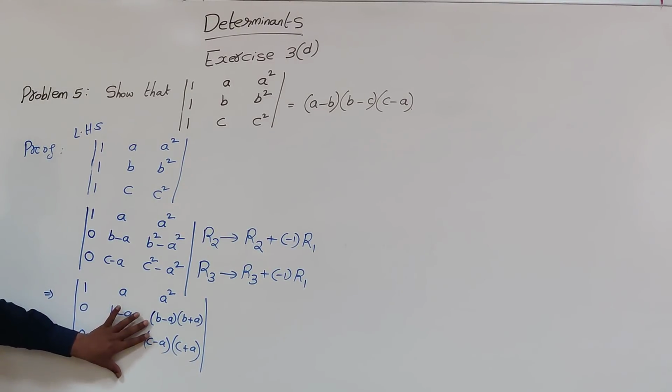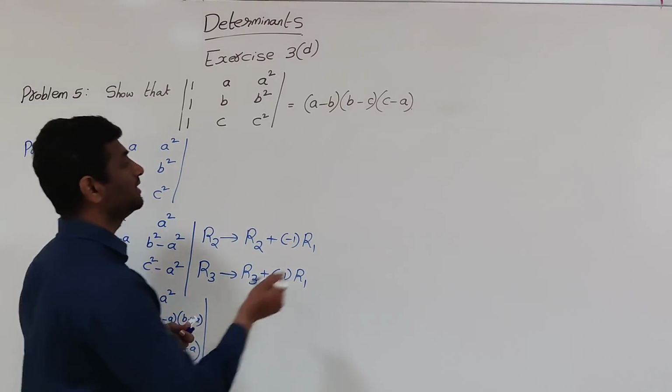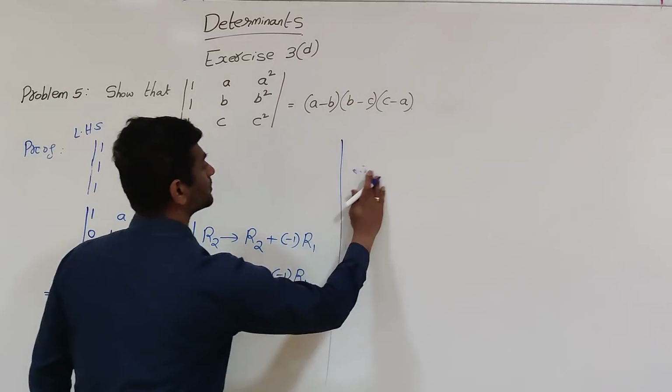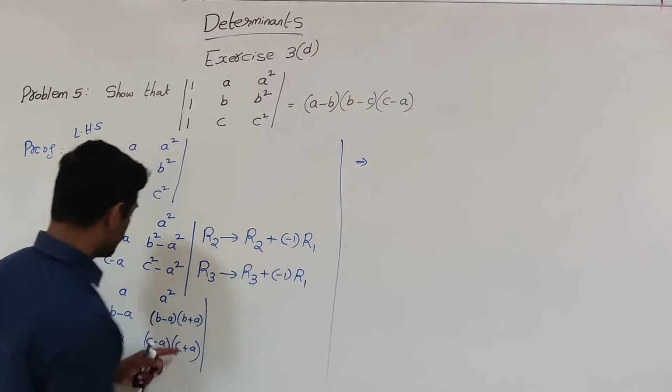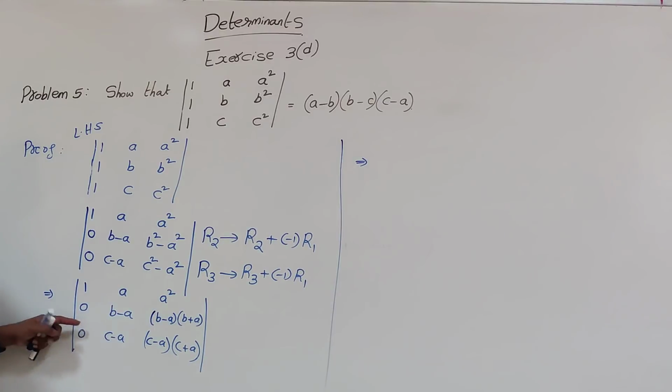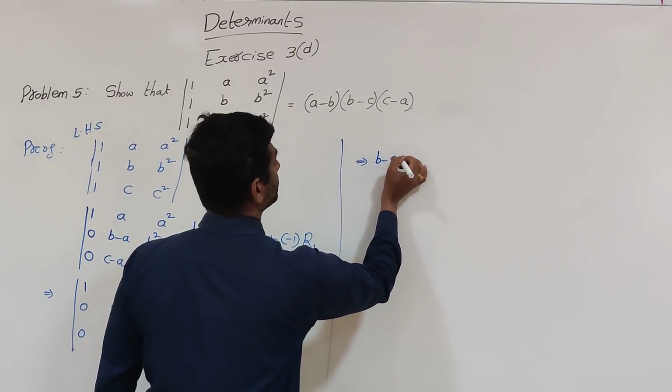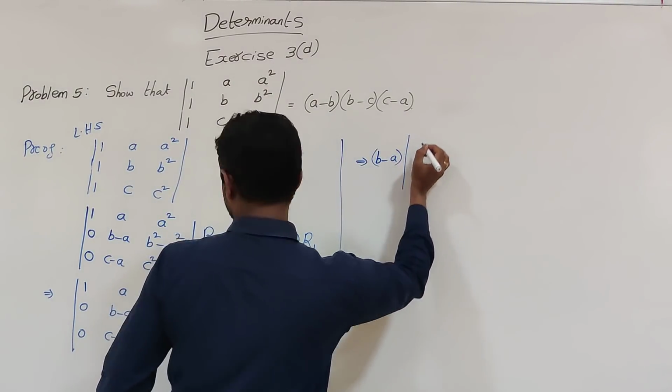So we can take b minus a out, and from row 3, c minus a out.